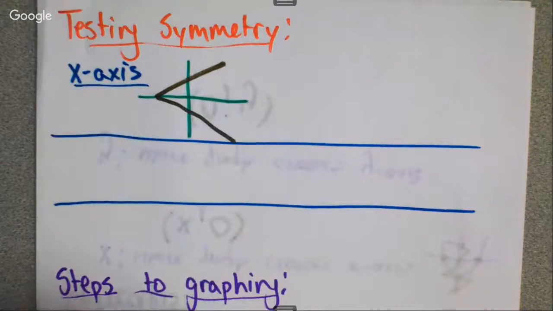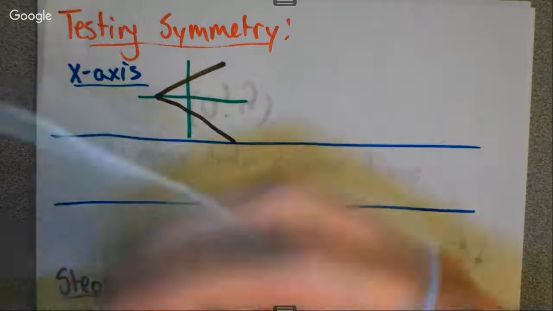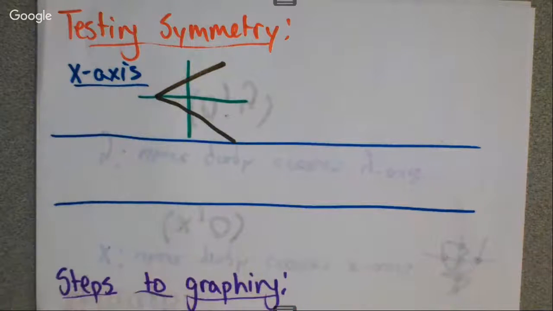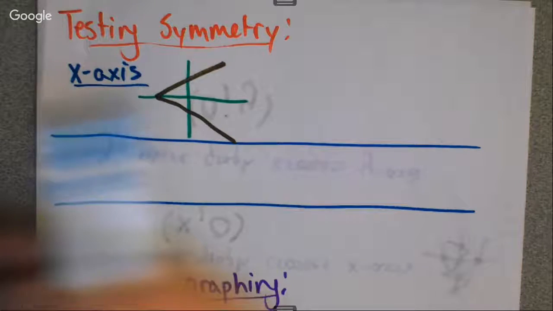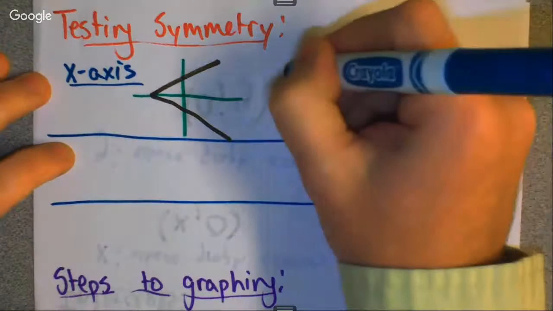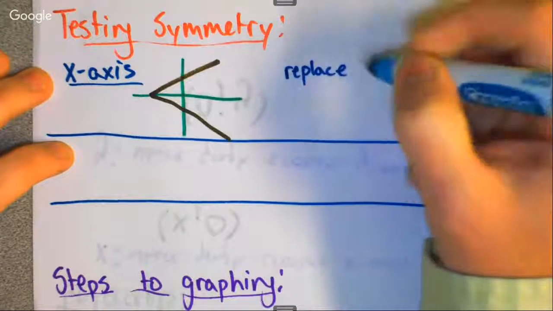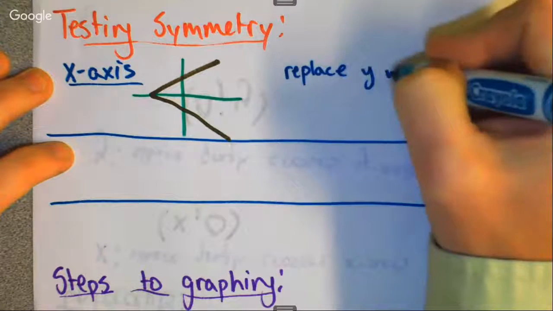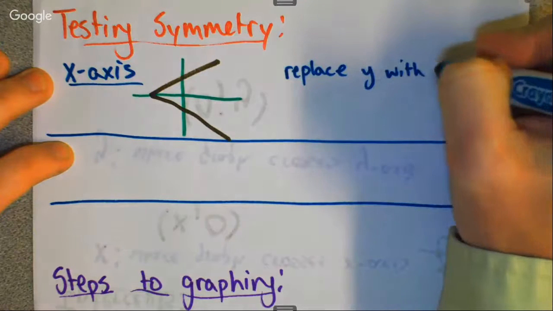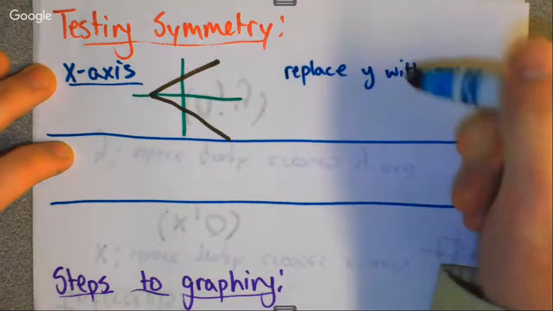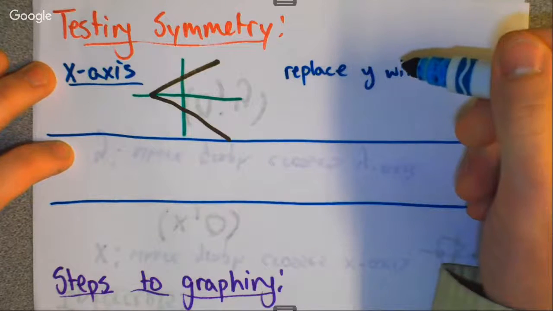Okay, meaning if I fold it on the x-axis, the bottom and the top will lie on top of each other. So how do I find algebraically if this has x-axis symmetry? You will replace y with negative y, and nothing will change.